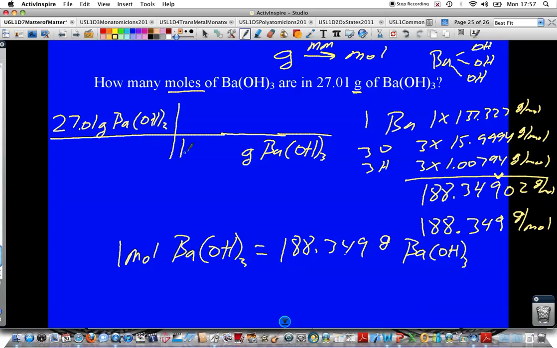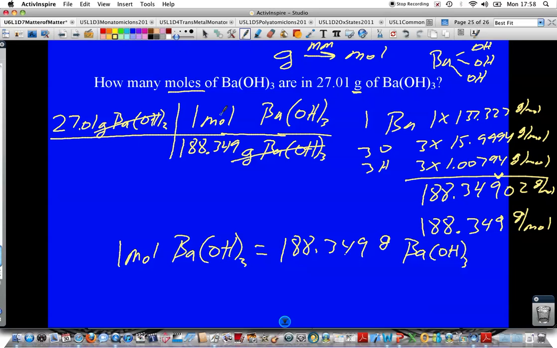So I'm going to plug in my molar mass, 188.349, on the bottom, and then put the 1 mole of barium hydroxide on the top. My grams of barium hydroxide cancel, and so it's going to be 27.01, technically multiplied by 1, and then divided by 188.349.